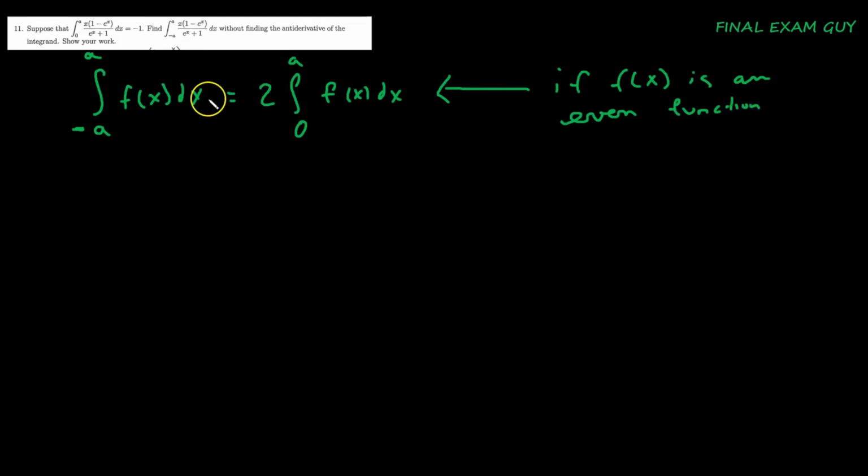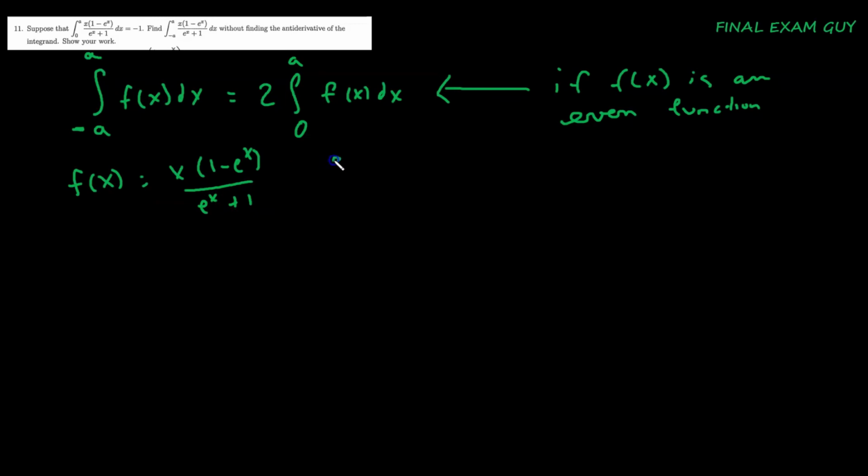So our f of x is equal to x times (1 minus e to the x) over (e to the x plus 1). If this is an even function, we can state right away that the integral from negative a to a of this function is equal to 2 times the integral from 0 to a. So let's find out if it's even.